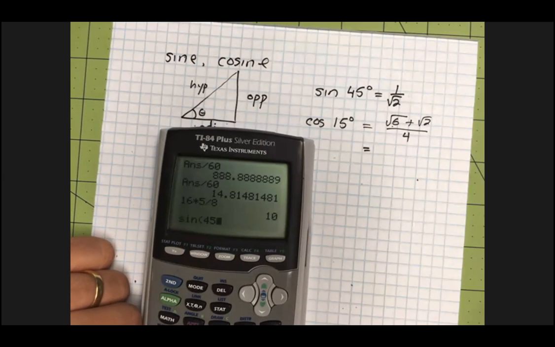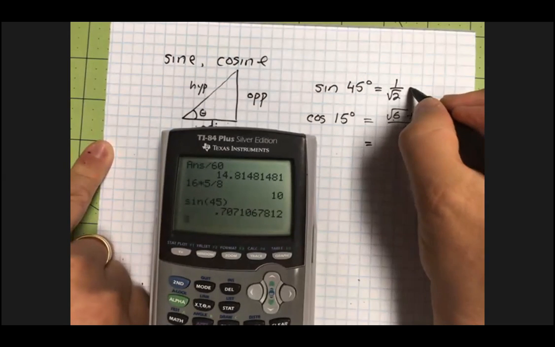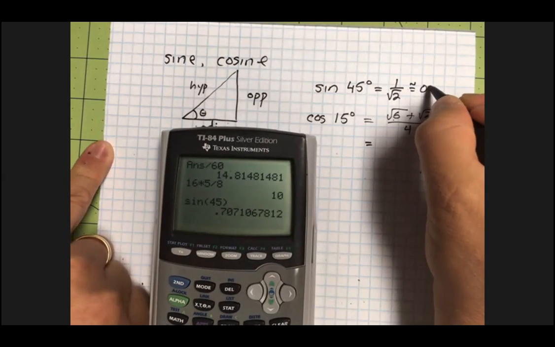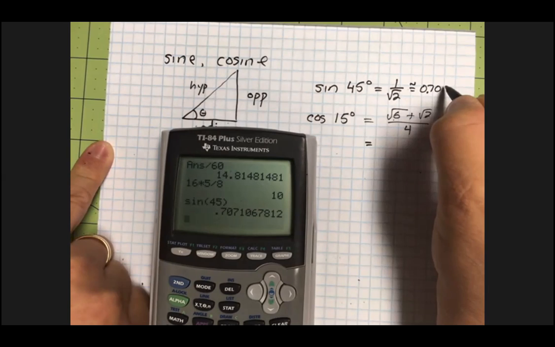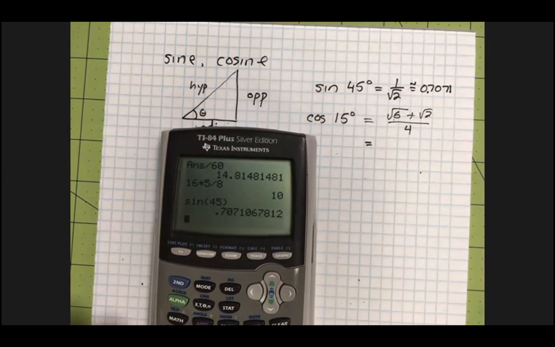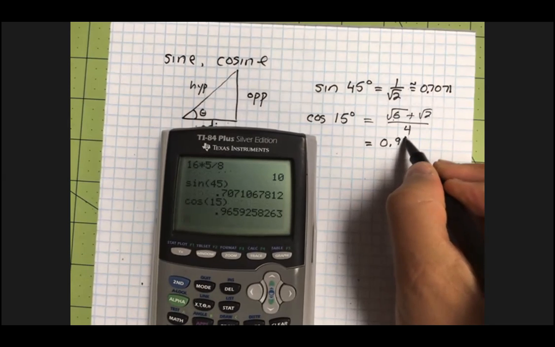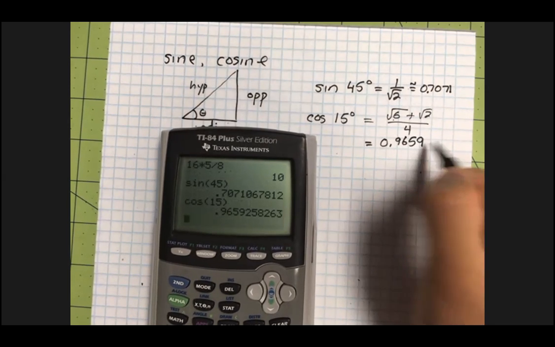First, sine 45, just as an example. Approximately 0.7071. Cosine of 15 degrees, approximately 0.9659.